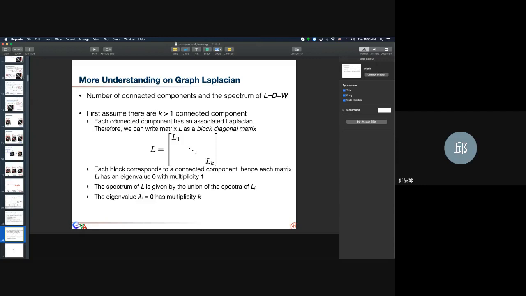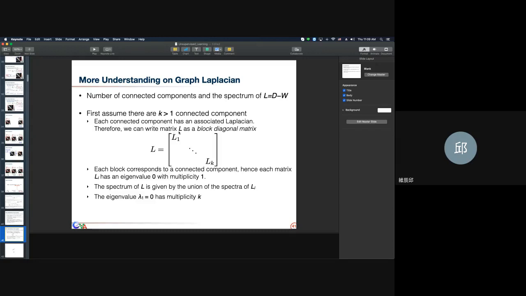So let's first assume there are multiple connected components. The K here represents how many connected components, given a similarity graph, given a similarity matrix. For each connected component, it has an associated Laplacian.